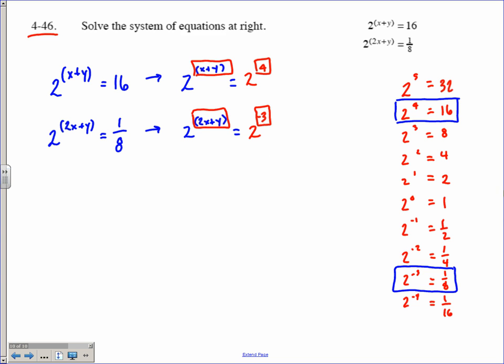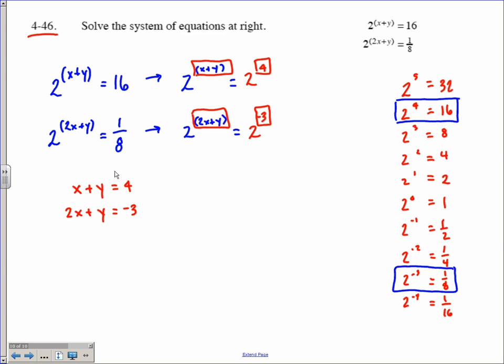So what we've ended up with is x plus y equals 4 and 2x plus y equals -3. We don't have to worry about the bases anymore. We're just dealing with what were the exponents. That has become our equation.